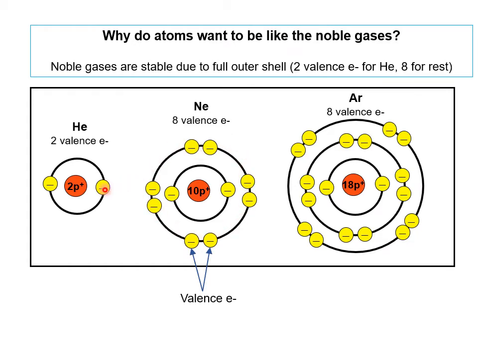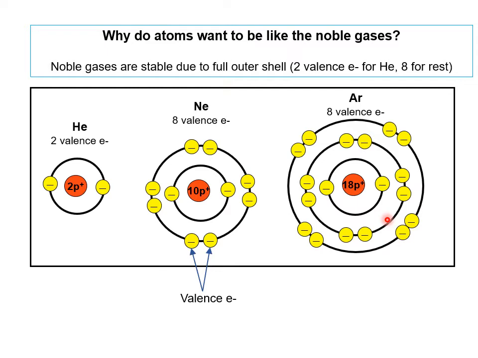For helium, which only has 2 electrons, it only has 2 valence electrons. Neon, on the other hand, has 10 electrons. It will put 2 electrons in the first orbit, 8 electrons in the second orbit, so it has 8 valence electrons. Okay. Argon also has 8 valence electrons in its outermost shell.